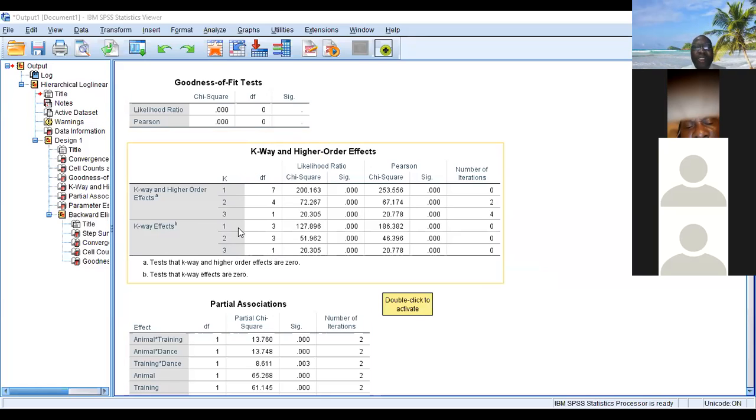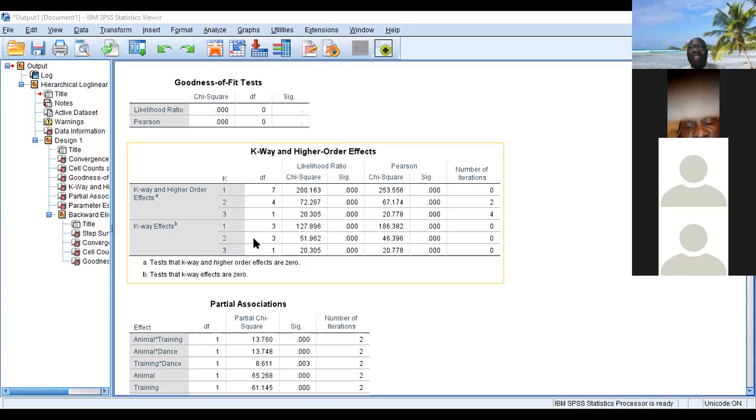One here just means animal on its own, dance on its own, and training on its own. Each of them, do they have effect? It's significant, since the chi-square is high and the p-value shows that they are effects. Number two is where they interact.